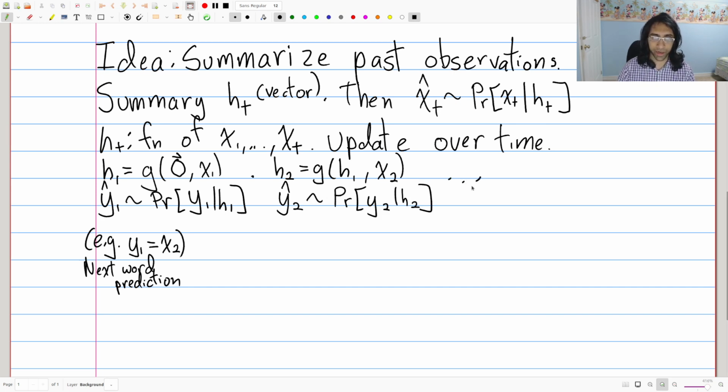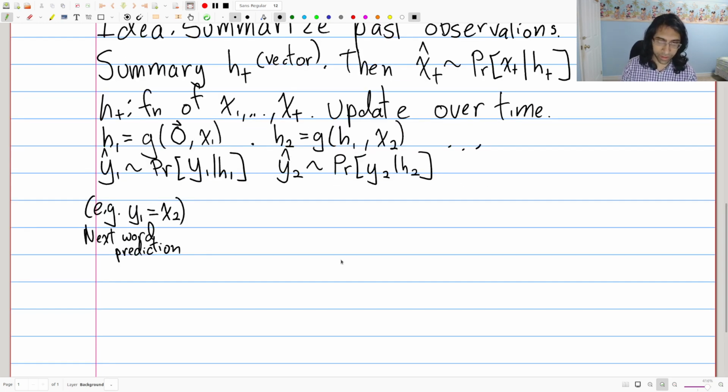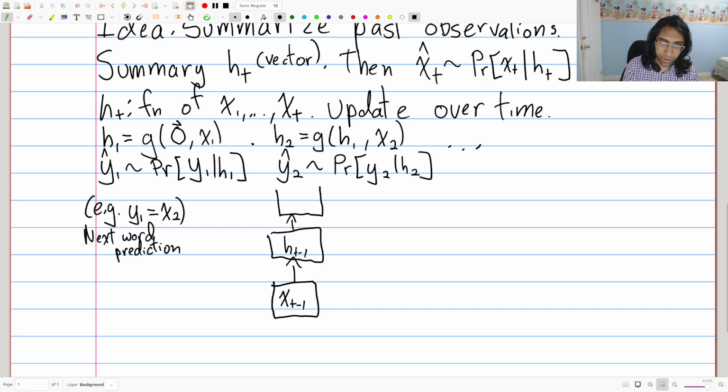Let me try to illustrate this with a diagram to show how the information is flowing. We can pretend these down here are the x's, and here we have h's, and here we have the y hats.